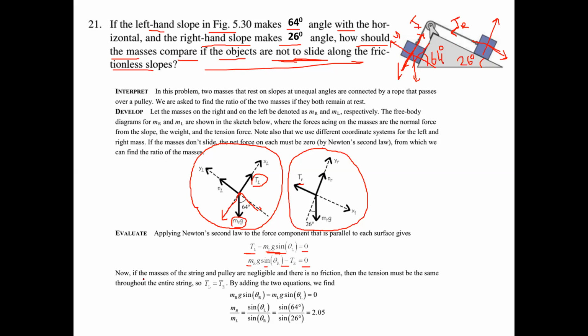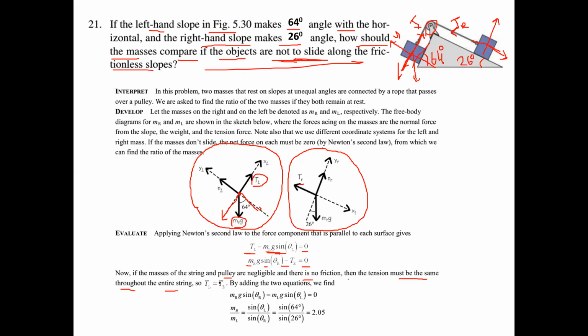Now, if the masses of the string and the pulley are negligible and there is no friction, as said in the question, then the tension in the rope must be the same throughout the entire string.